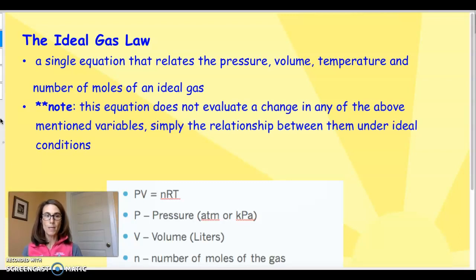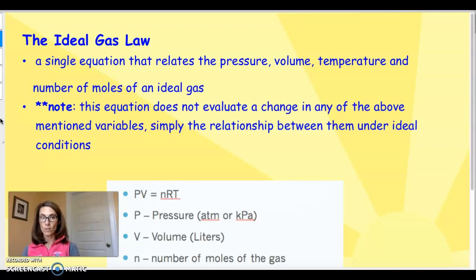So what makes a gas an ideal gas? An ideal gas is a gas that behaves according to kinetic molecular theory. We know that our gases have a lot of kinetic energy. They're able to move around. But there are certain instances where gases are not able to do that and don't have enough space between the molecules to behave as an ideal gas.